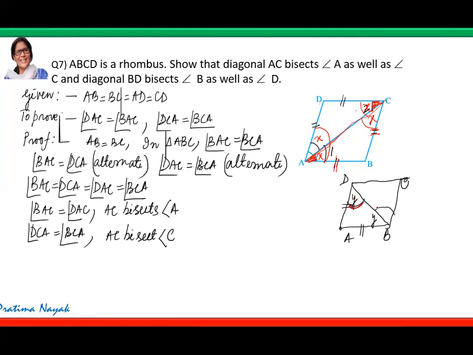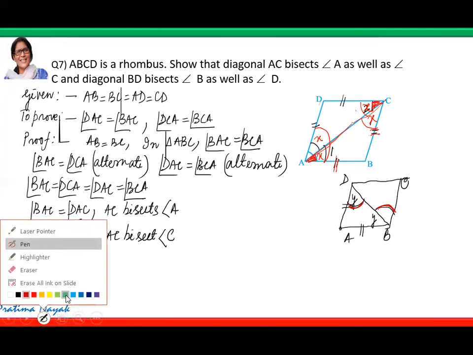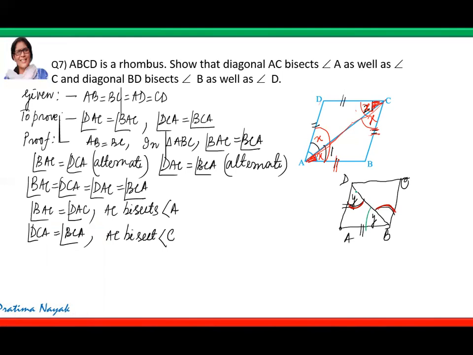So this is Y, Y equal alternate angle. Similarly, this side angle is equal to your CAB. So all are equal to Y. So BD bisects B, BD also bisects D.